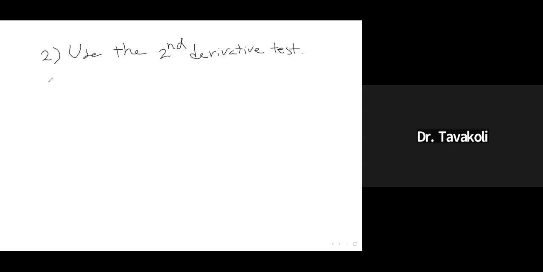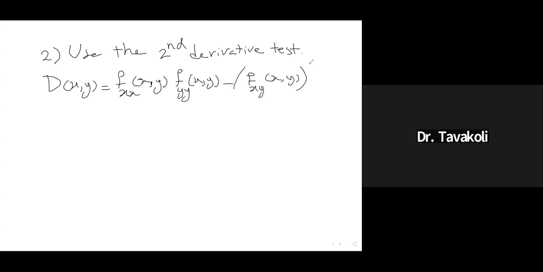Again, first of all, I need to find this function of x and y, which is the product of the second derivatives with respect to x and with respect to y, minus the mixed second derivative squared.